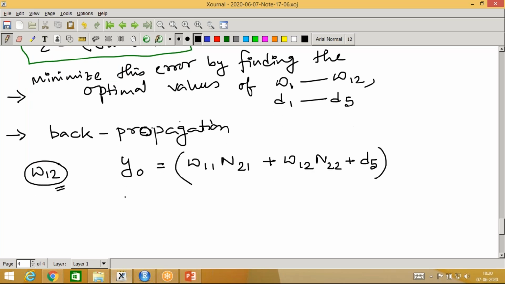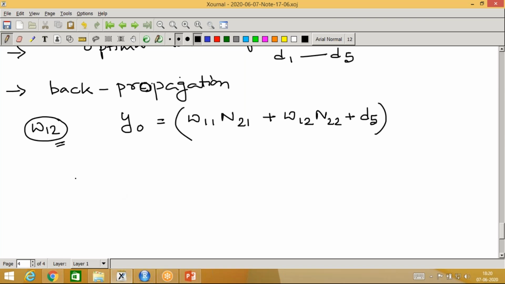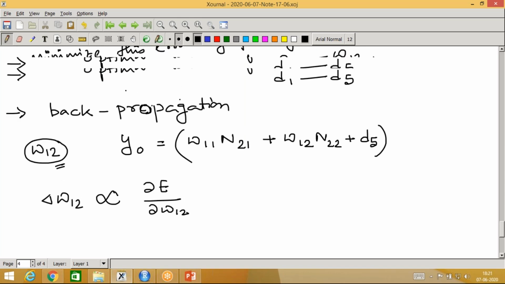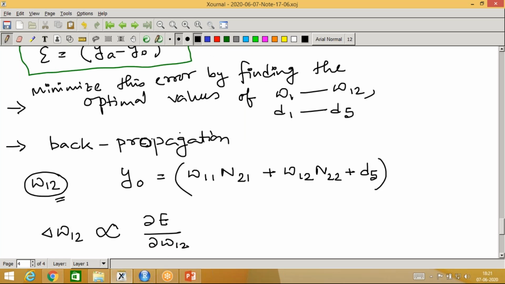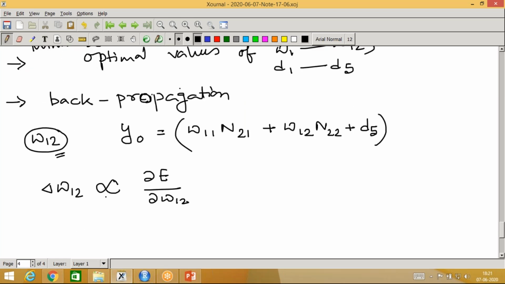So how to optimize that? I will run an iteration. In each iteration, I will change this W12, and that change will be proportional to its impact on the error. This is the error, right? So by changing W12, if the error changes, then I will change W12.